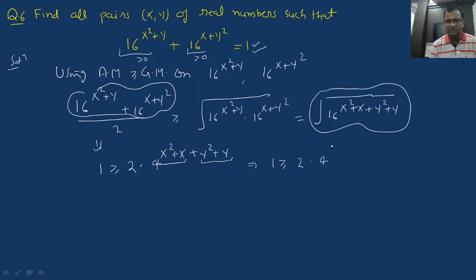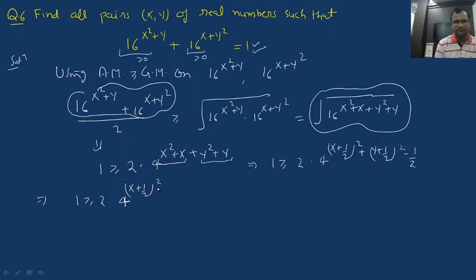So we can write it as (x plus half) whole square plus (y plus half) whole square, and the 1 by 4 becomes minus half. 1 is greater than or equal to 2 into 4 raised to the power (x plus half) whole square plus (y plus half) whole square into 4 raised to the power minus half.